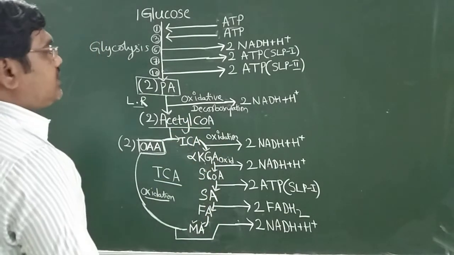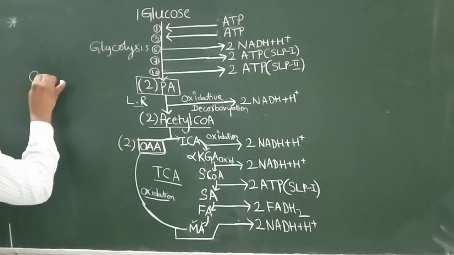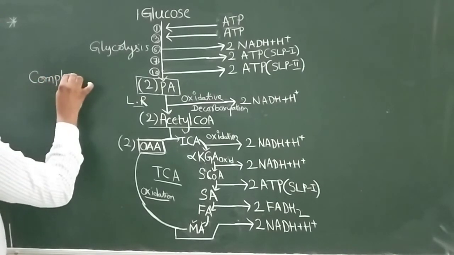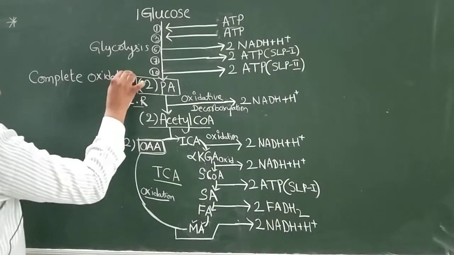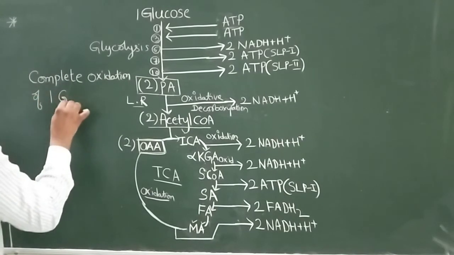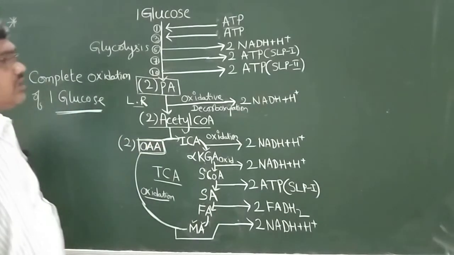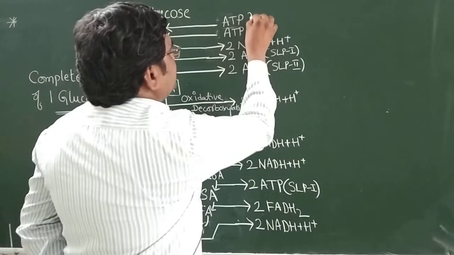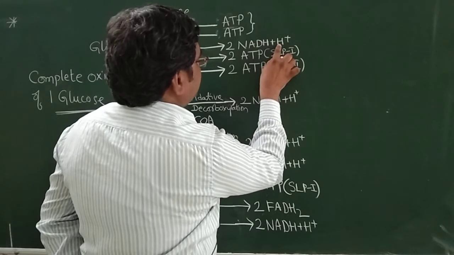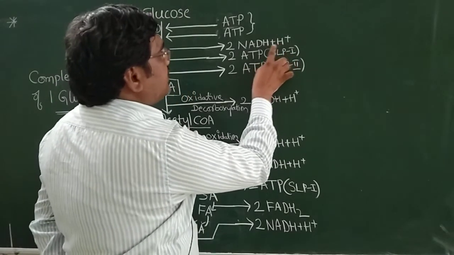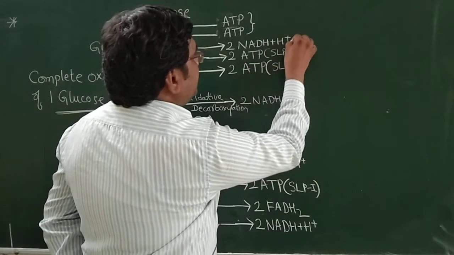These are the intermediate products formed in the complete oxidation of one glucose molecule. Then how many ATPs are produced? Here these two ATPs are consumed. Here are 2 NADH plus H plus. According to the NCERT textbook, 1 NADH is equal to 3 ATPs.